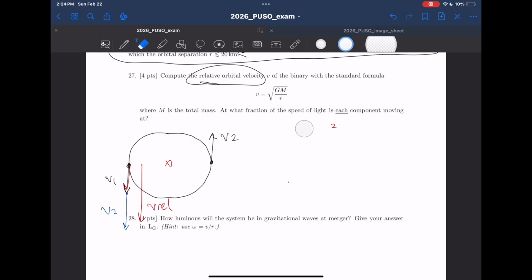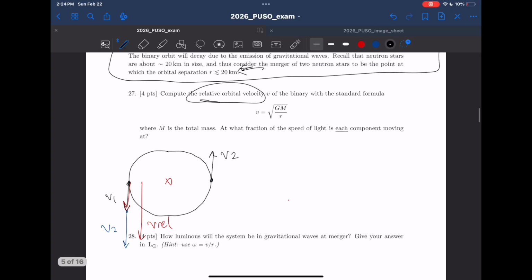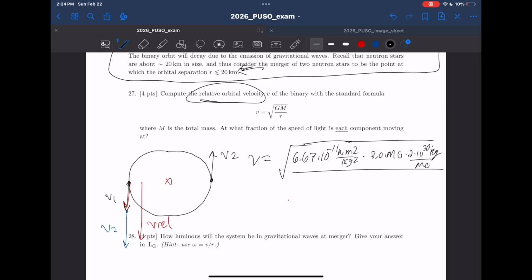And so to compute the v, it's going to be 6.67 times 10 to the negative 11 newton meters squared per kilograms squared, times your total mass, which in this case is still 3.2, or no, this is going to be 3.0 solar masses times 2 times 10 to the 30th kilograms per solar mass, and then divided by your 20 kilometers.